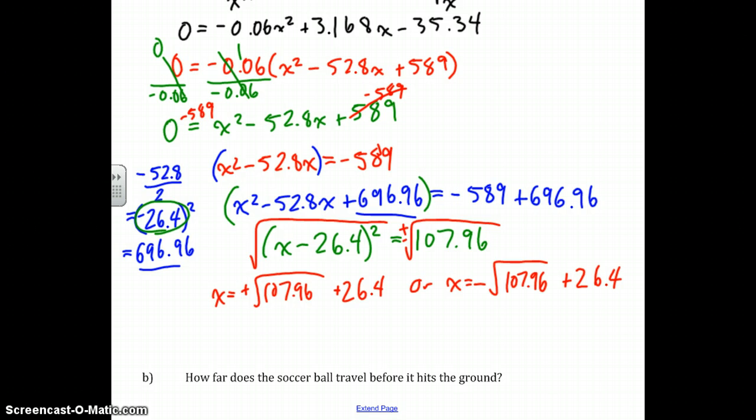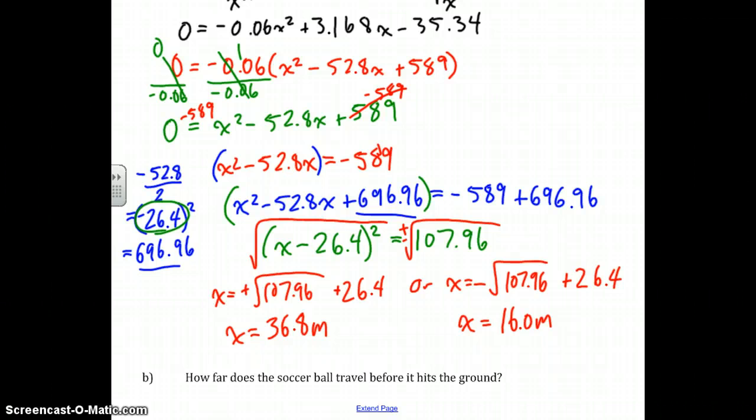Now we're just going to approximate this with a decimal. So we put the 107.96 in our calculator and square root it. We get 36.8 meters, because it's measured in meters here. And this one here is 16.0 meters.